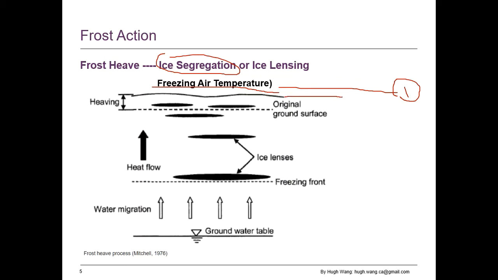Initially, the freezing front starts at the ground surface and then moves downward gradually until it reaches a certain depth. This depth is called frost penetration depth.